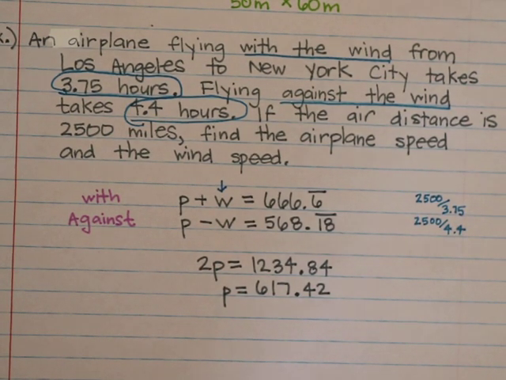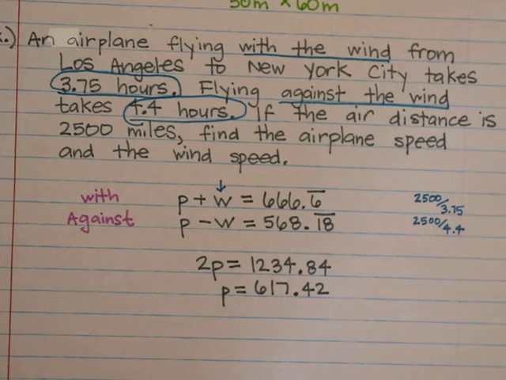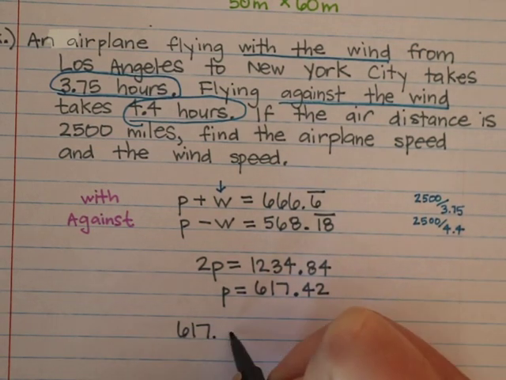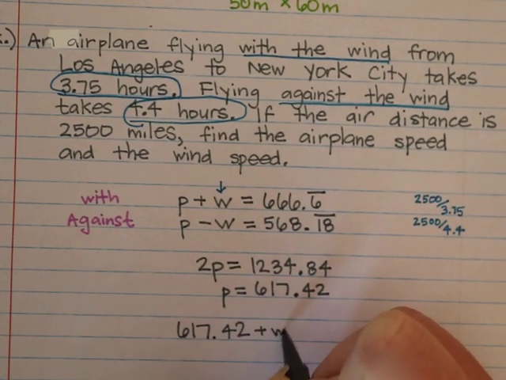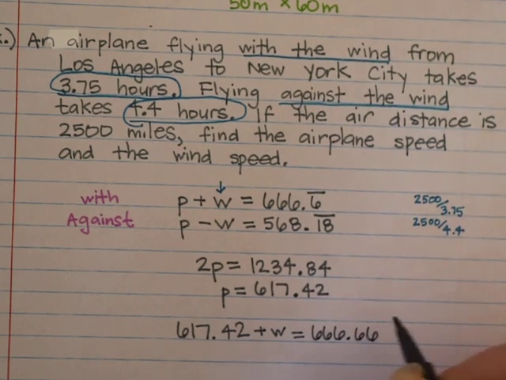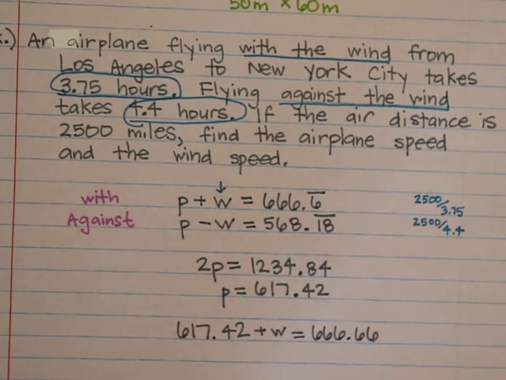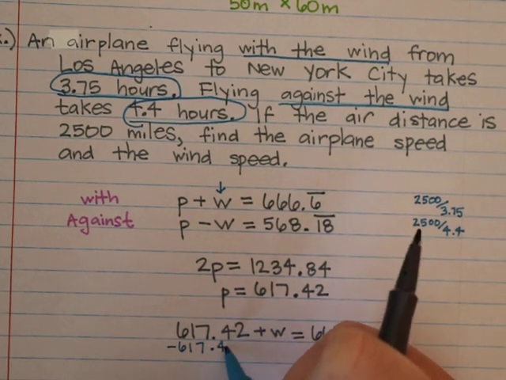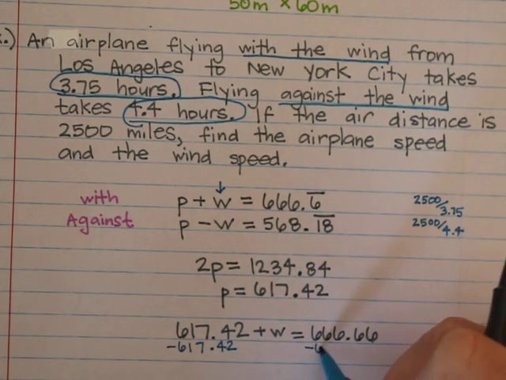The wind is either pushing us or kind of counteracting us. In the one where it's counteracting, we end up with a negative, so I'm just going to avoid that one, and I'm going to say, okay, 617.42 plus W, so that if I want to find W, do a little work in here.